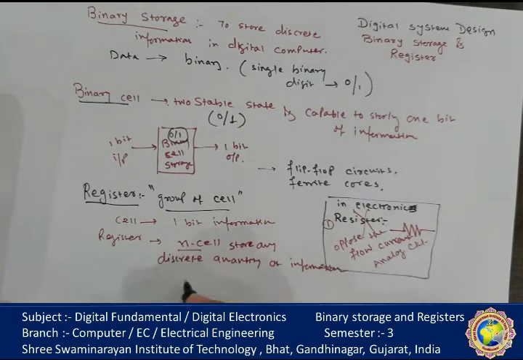N cell, so how many bits of information are contained? N bits.